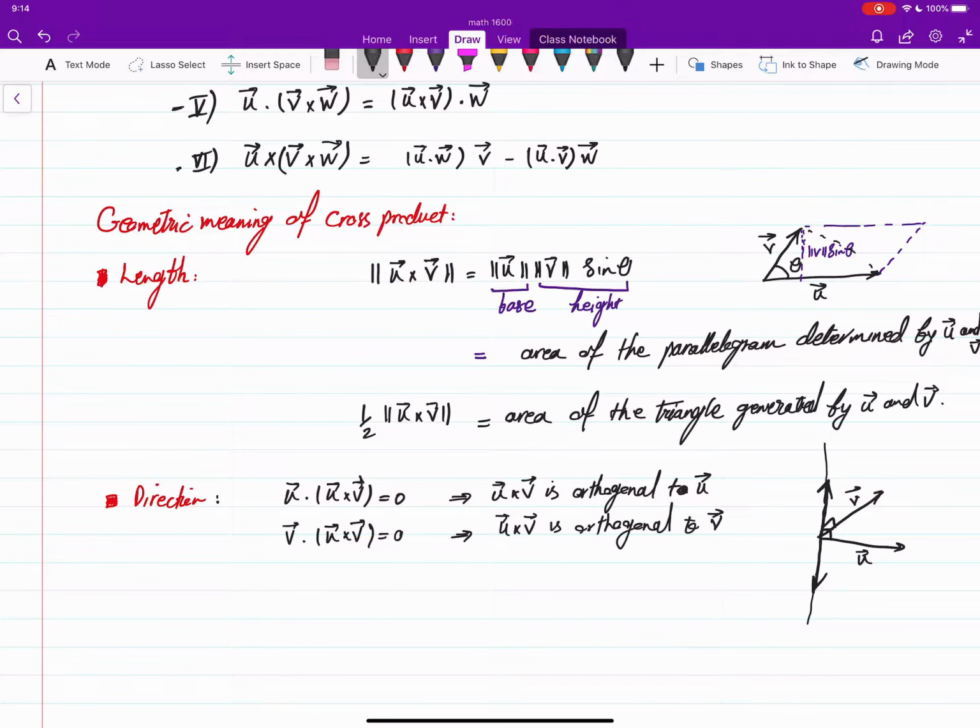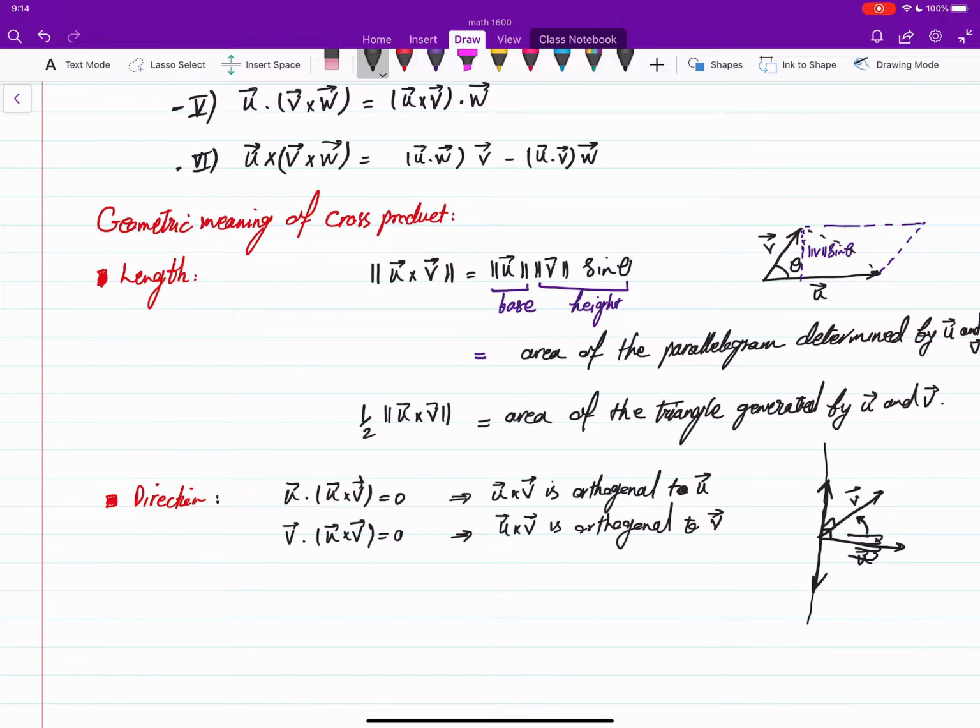So this is what is called the right hand rule. You put your right hand in the direction of u, such that when you open your fingers, it's in the direction of u. Then when you roll your fingers in, it is in the direction of v.